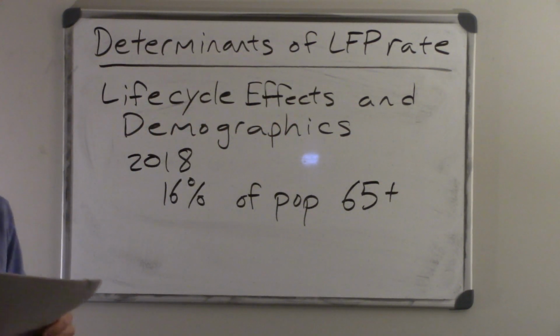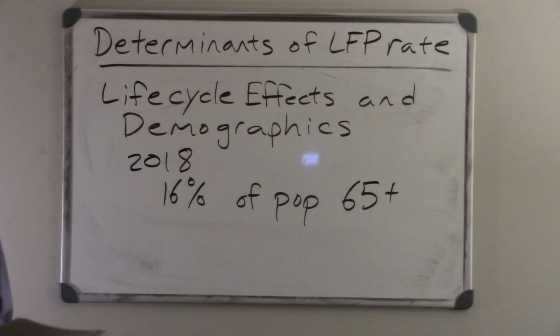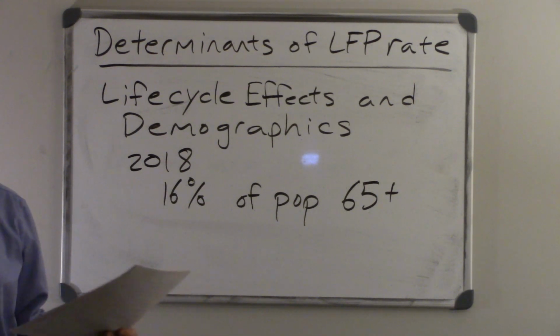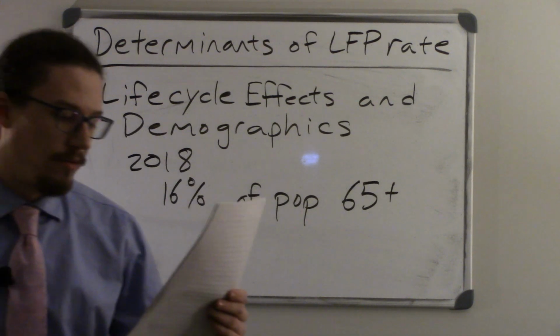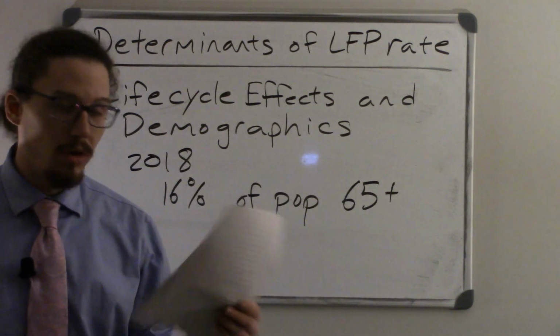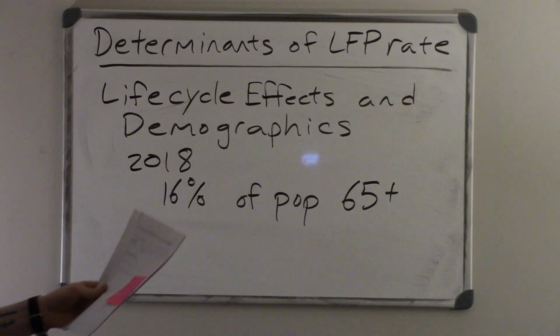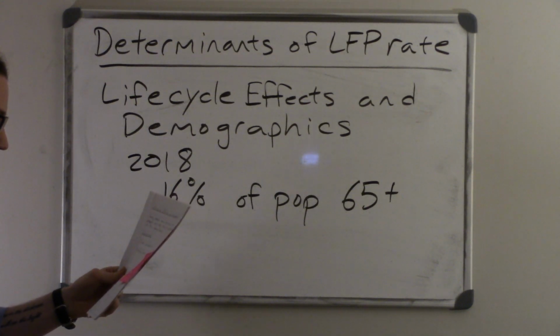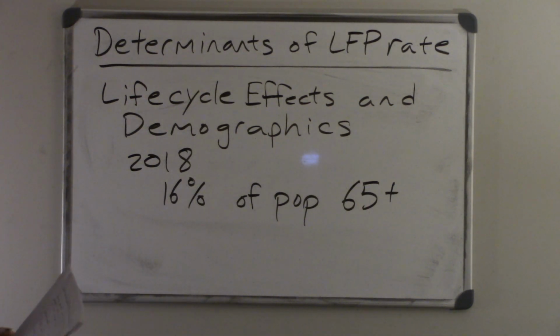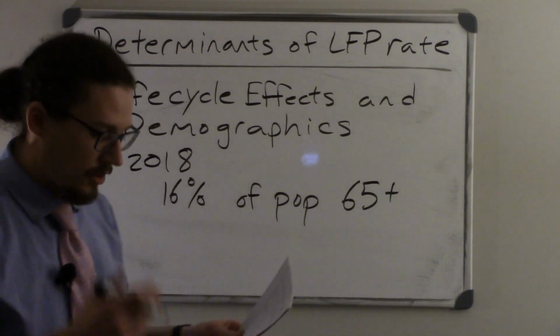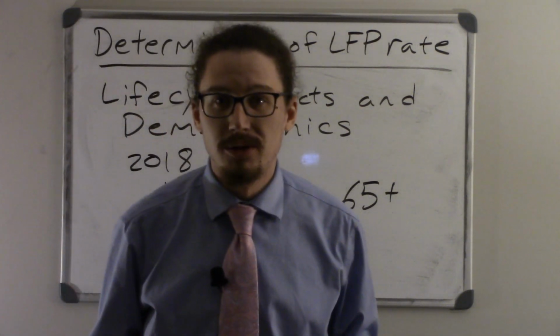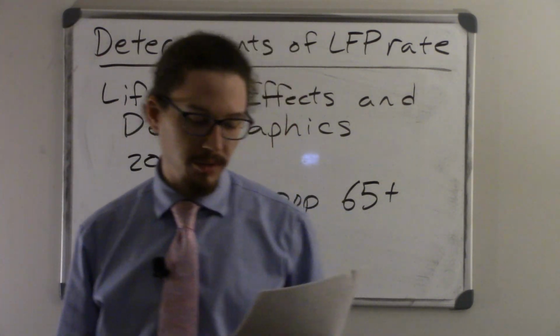But then you have the 65 to 74, 27%, which I'm not dogging. If you're that old, a quarter of you are still working, or trying to work, that's pretty good. And then over 74, so 75 plus, it's 8.7%.